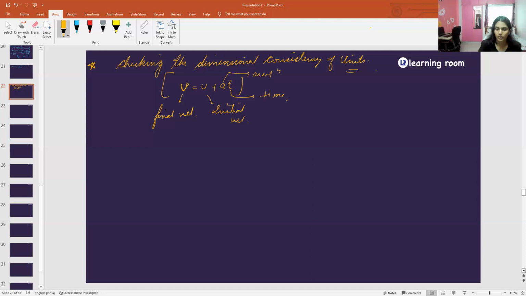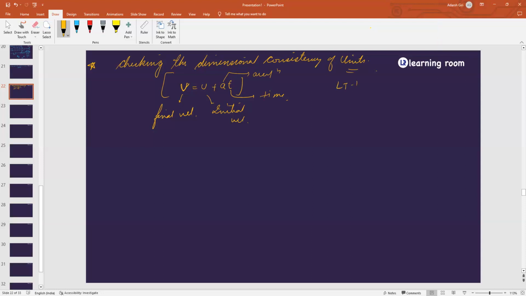LT minus 1. Rohit, agree? Yes, sir. Okay, that's good. So it is LT minus 1, right? Now, the dimensional consistency says that if the equation is consistent, that means if both sides are equal, the left hand side dimension should be equal to the dimension of the right hand side.